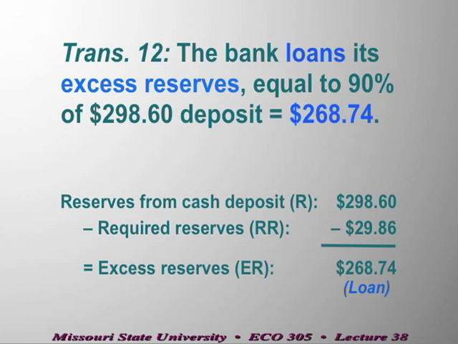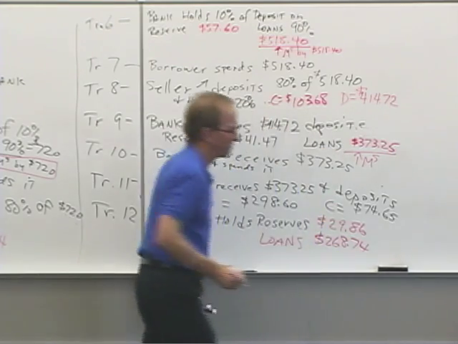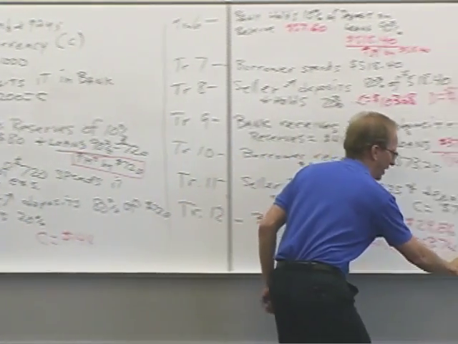And loans, 90%, $268.74. And that increases the money supply.